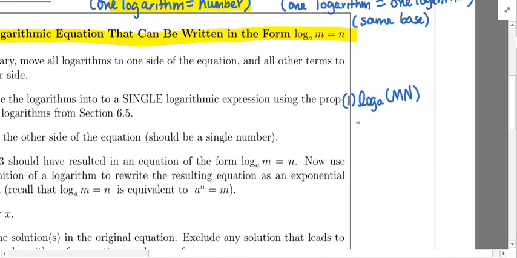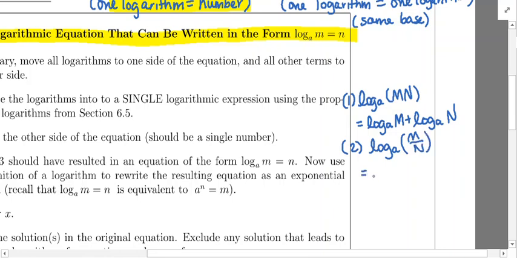If you're taking the logarithm of a product, multiplication turns into addition. So this would be log base A of m plus log base A of n. The second property told you how to handle log base A of a fraction. Division turns into subtraction. So this is going to break up into log base A of m, the top, minus log base A of n, the denominator.